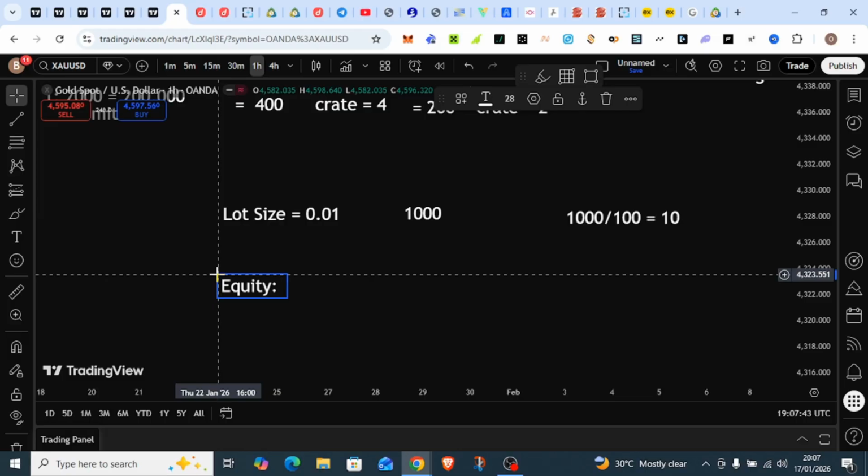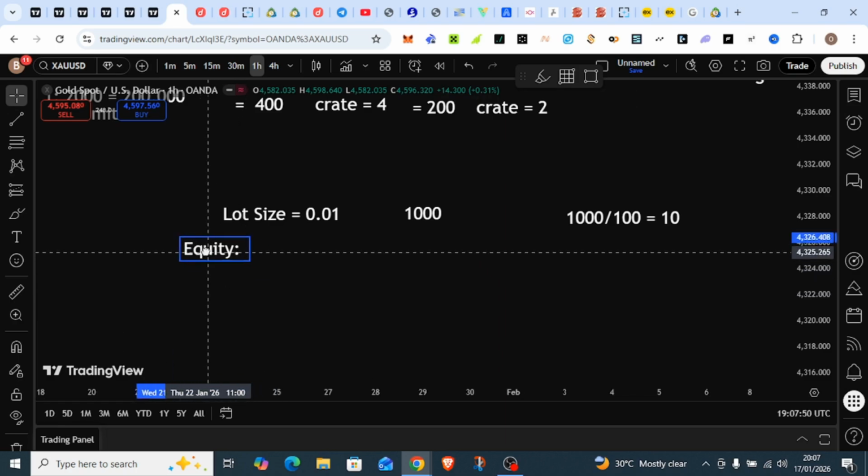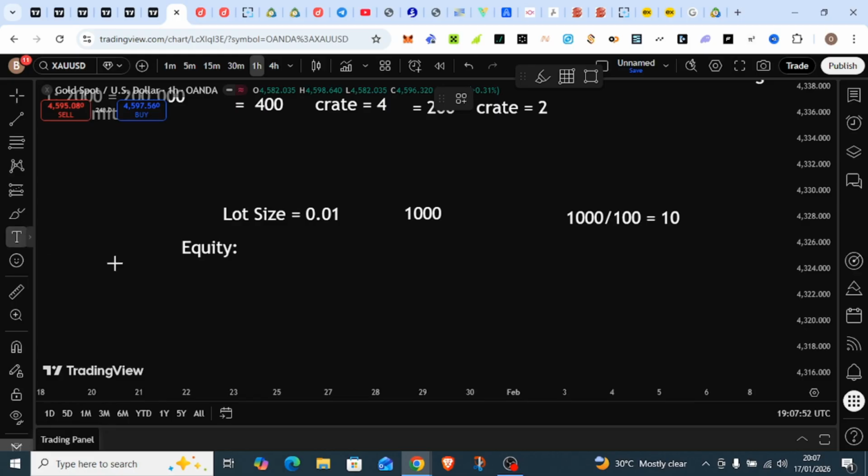We have another term I would like to describe here so that I can use it to explain what margin level is.